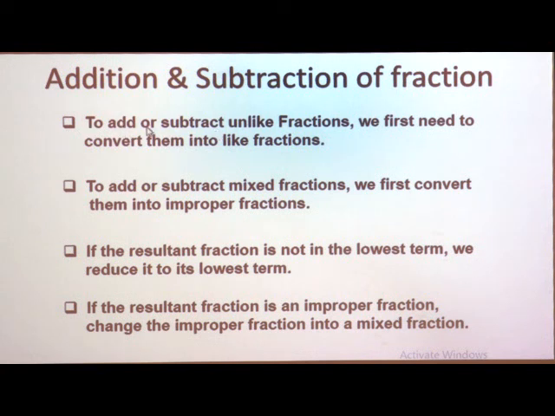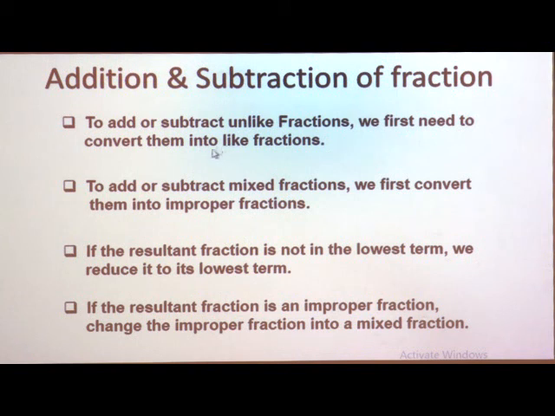To add or subtract unlike fractions, we first need to convert them into like fractions. It may be an addition sign or a subtraction sign, but first unlike fractions should be made like fractions. How? We convert them into like fractions by taking the LCM.